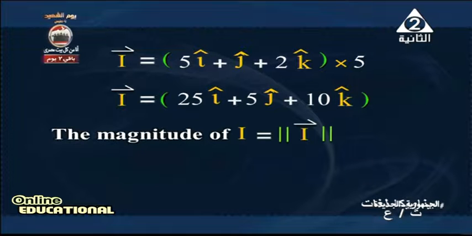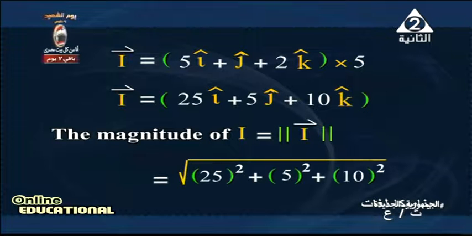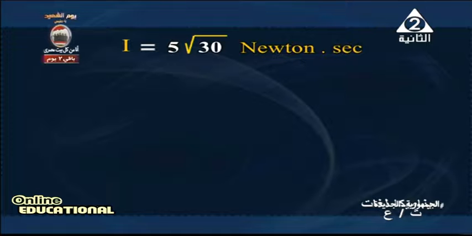The magnitude of I equals the norm of vector I, which equals the square root of 25 power 2 plus 5 power 2 plus 10 power 2. Then I equals 4 root 30 Newton second, because we use Newton unit for the force F and second for the time.